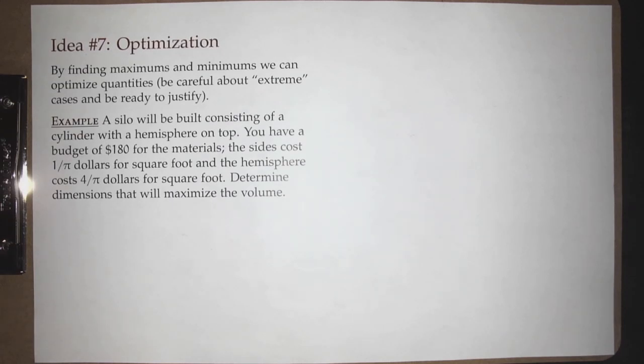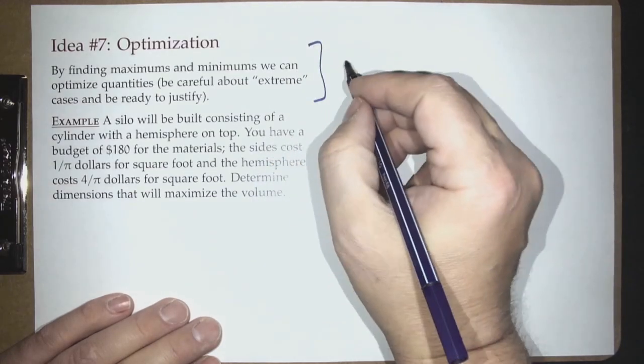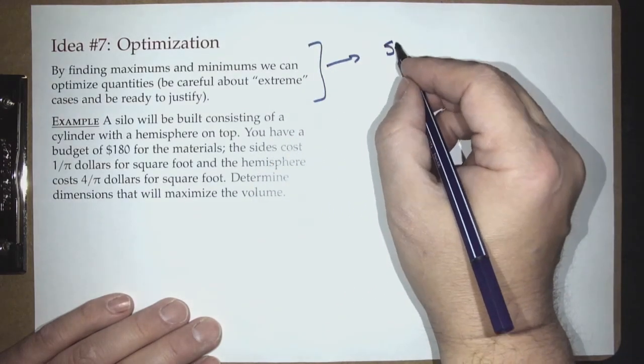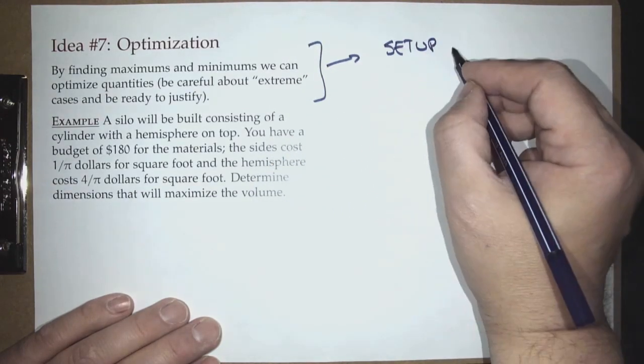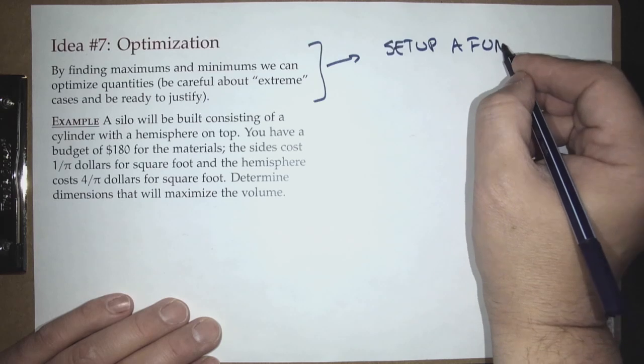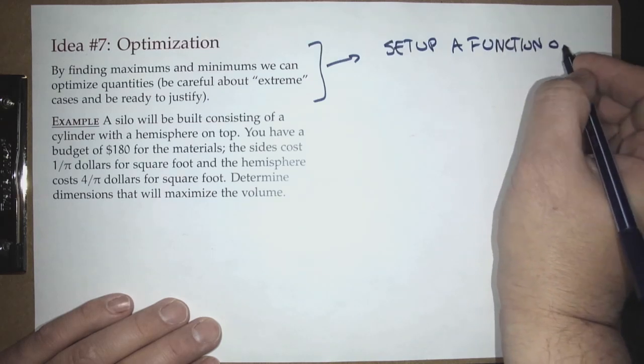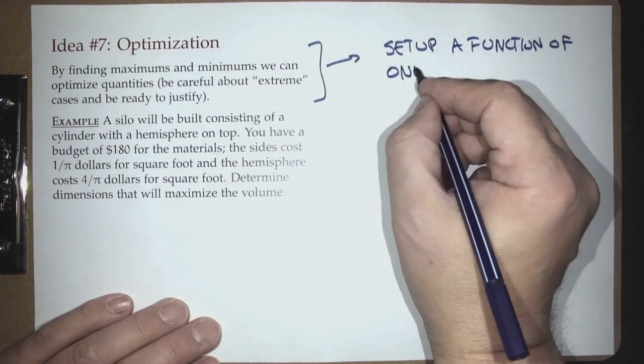So we say, okay, given that we have finite resources, how do we make the most of what we have? The way we solve optimization problems is really all about going back and finding the critical points and finding the max and mins. So the real key step to optimization is you want to set up a function of one variable.